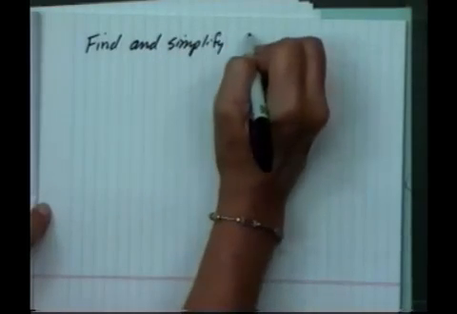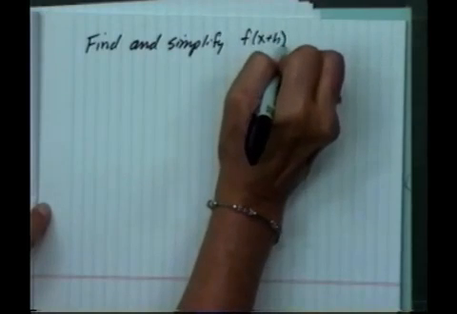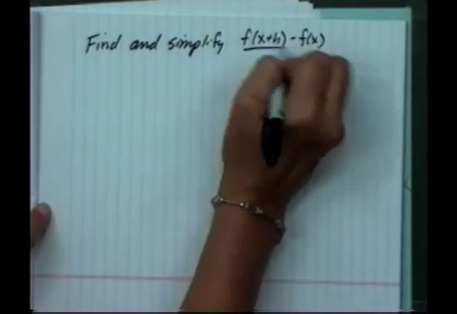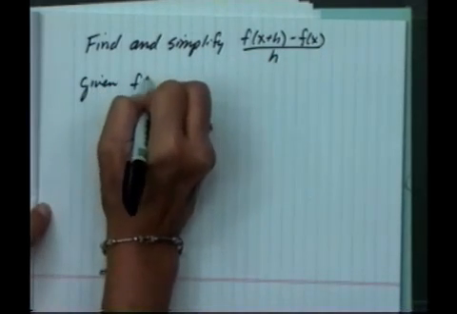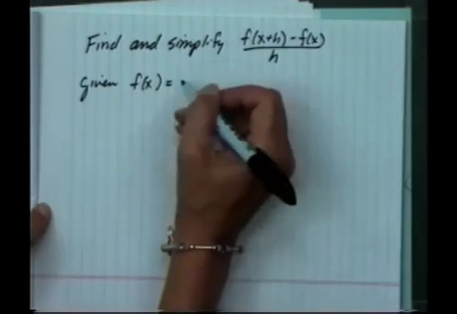All right, so our instructions, like on a test, would say: find and simplify f of x plus h minus f of x over h, given f of x is equal to, and we'll start out easy.